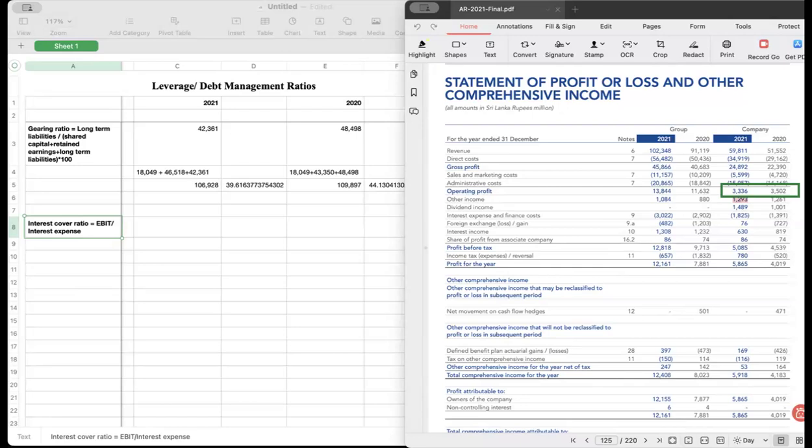Before that, see whether you get the answer for the gearing ratio. Everyone, please try it out. Take a few minutes and try it out because you have to do the calculation for your analysis.